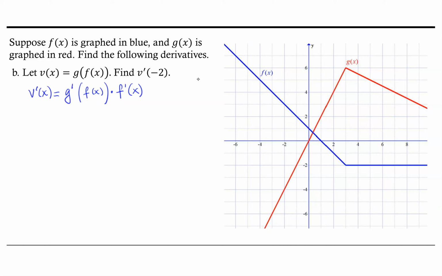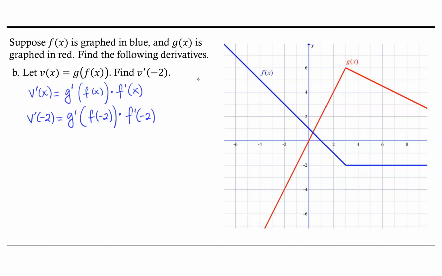And now we can think about evaluating this at -2. So we'll substitute -2 for x, and we get g prime of f of -2 times f prime at -2.